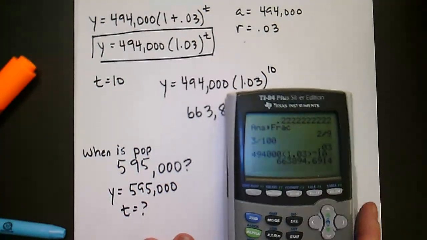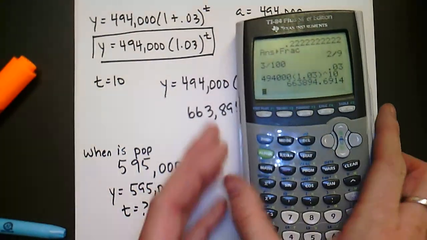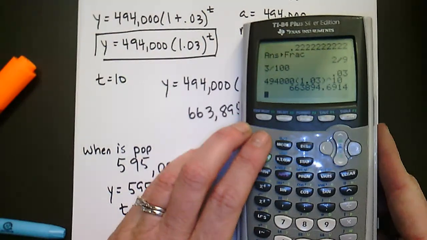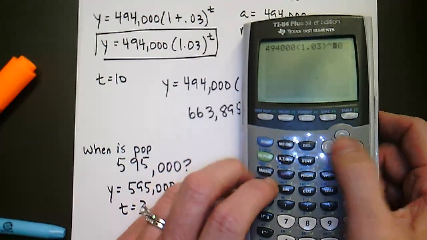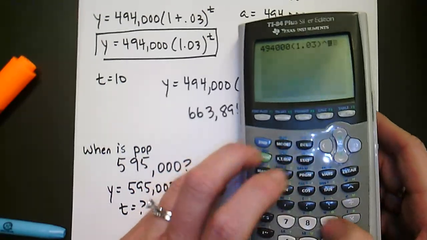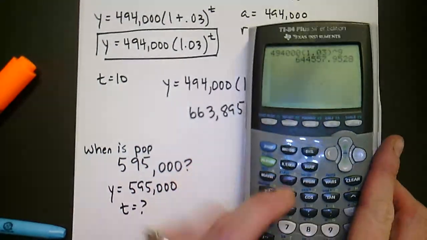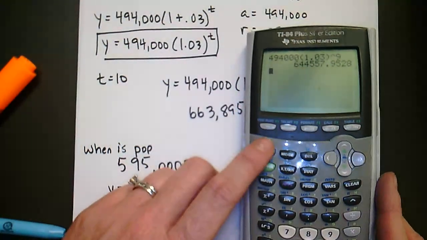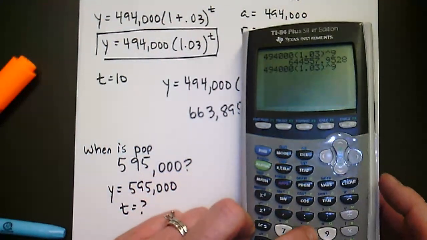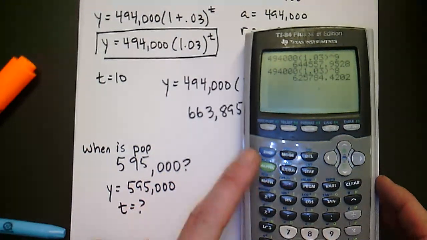We want to know when we got to 595. So really the only way to do this is to play around with the numbers in the calculator. I'm going to clear this and bring up what I had before, but instead of 10 years, I'll make it 9 years. At 9 years, I'm at about 644,000, still too high. So we'll try 8 years. Still too high.